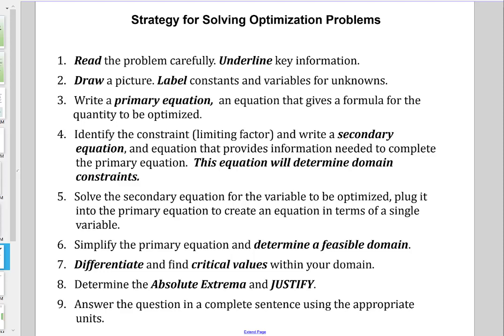Okay, so our strategy for solving optimization problems like this would be first read the problem, underline all the key information, draw a picture if you can, label everything, find the primary equation, the secondary equation, and so on and so forth. So let's give one more a try, and then we'll save the rest for another day.